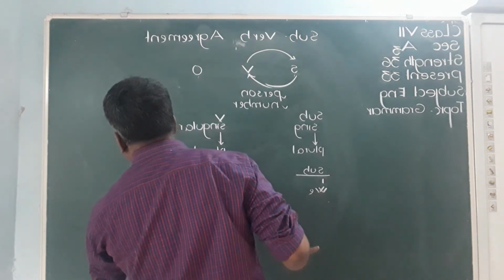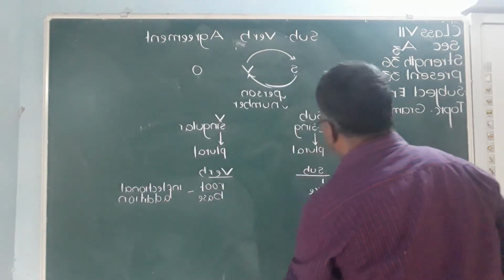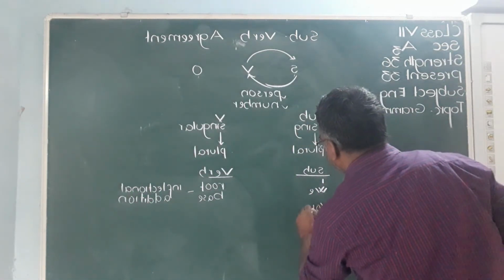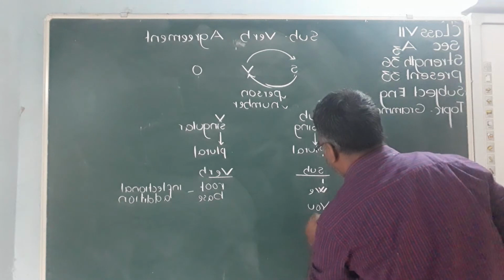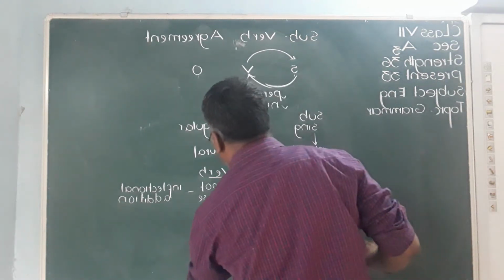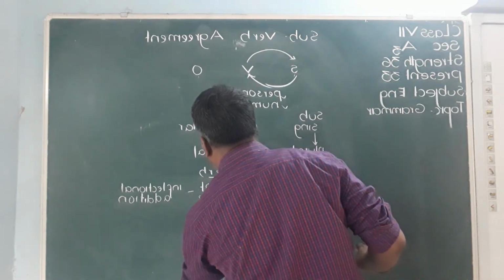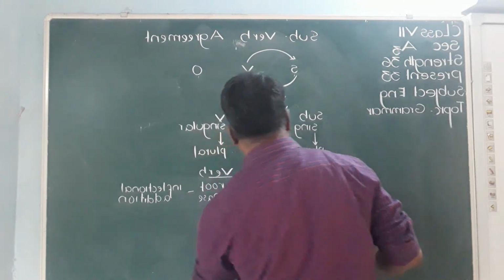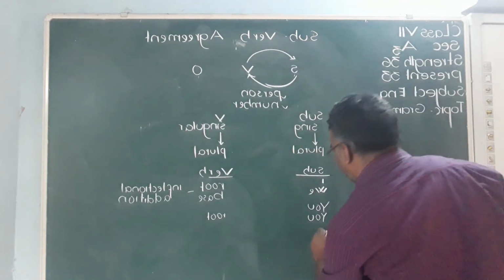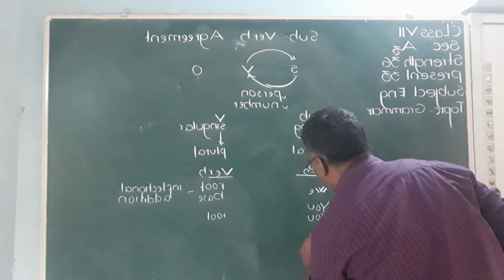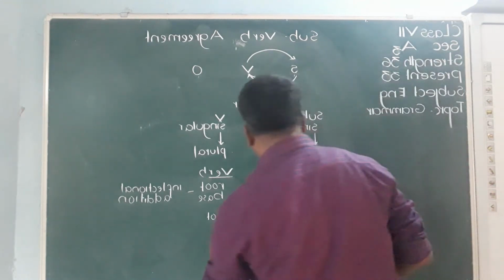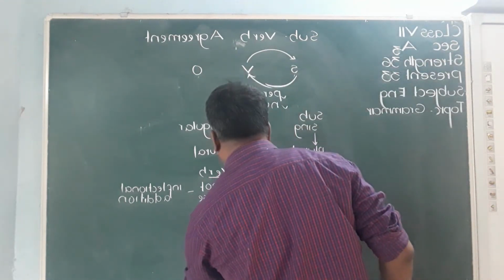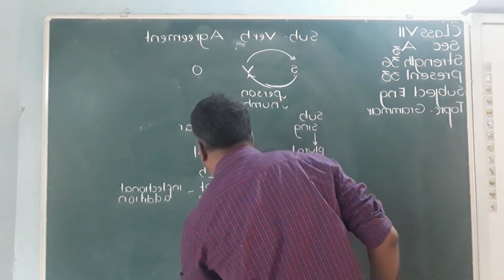Similarly, when we have the second person subject, that is you, the same thing happens: the verb takes the root form or base form. When we have the third person plural subject, that is they, we also have the root form.